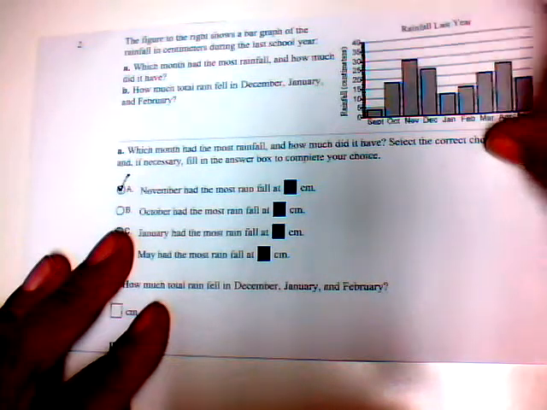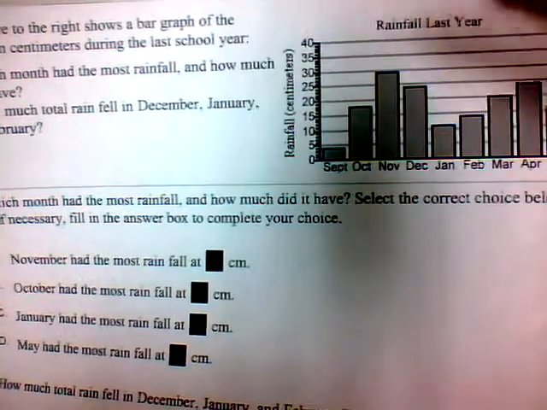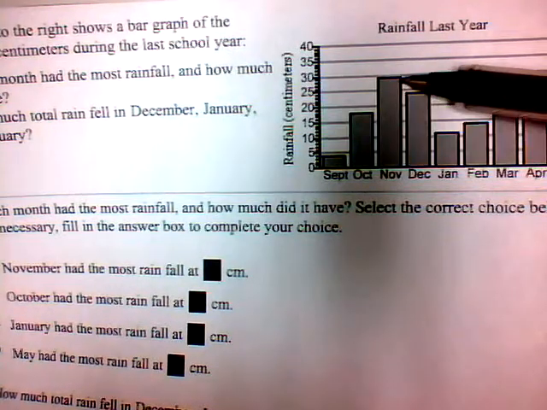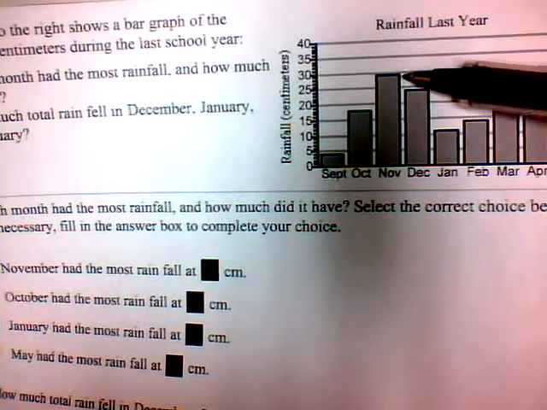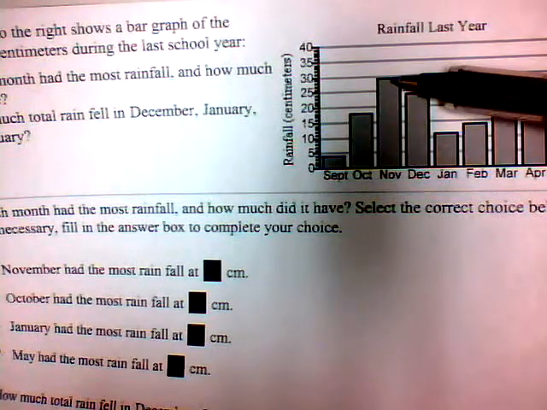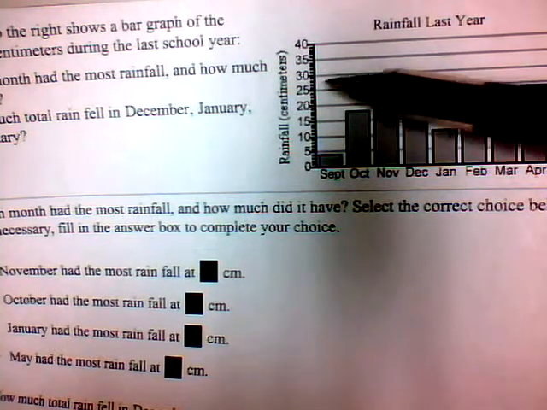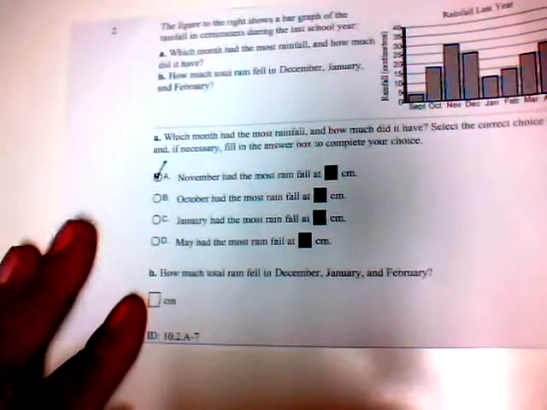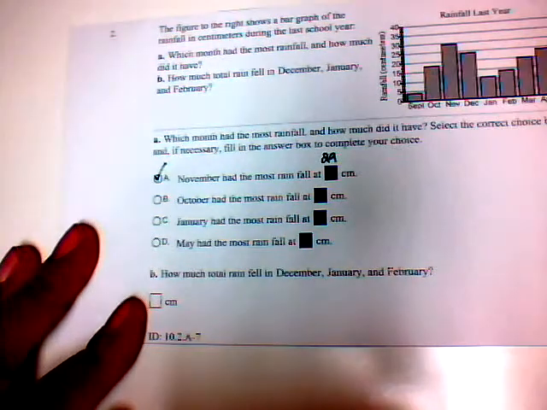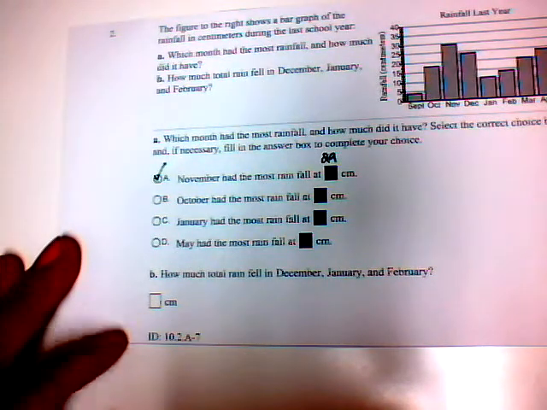Now, it may be hard to see, but that bar is not quite at 30. So we can say that it's pretty much at 29 centimeters. So the amount of rainfall during the month of November would be 29 centimeters.